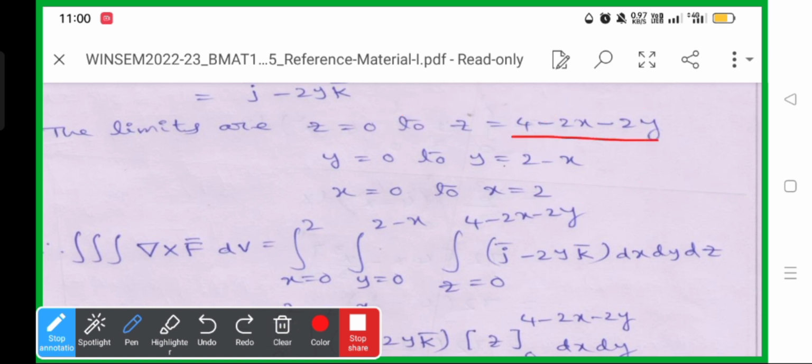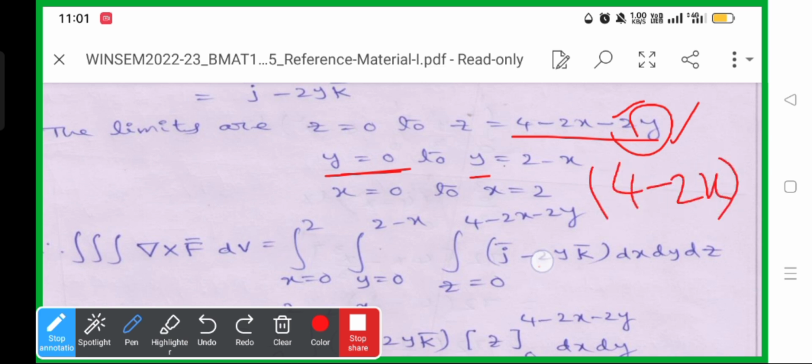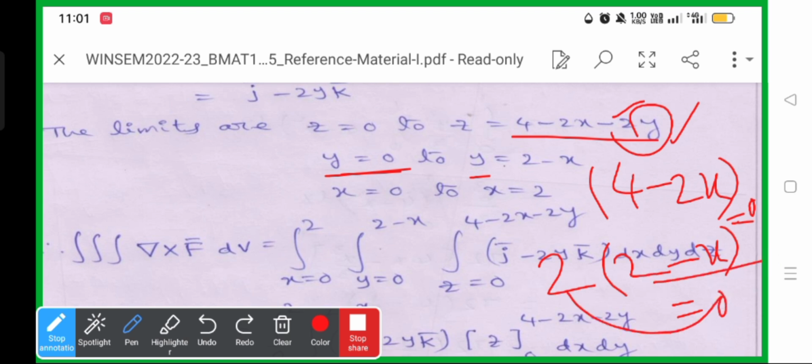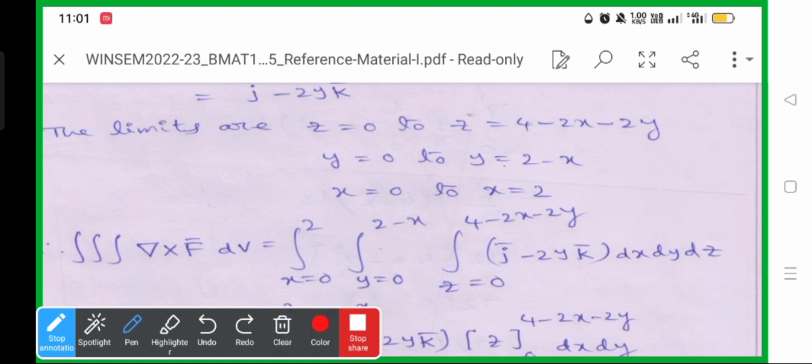That again we have to replace, putting y equal to 0 in the equation. Here put z equal to 0, we got this equation. And if we put y equal to 0, we will get this term as 0. So we have 4 minus 2x. Take 2 commonly outside, 2 minus x will be there, and this equals 0, so only y equals 2 minus x.